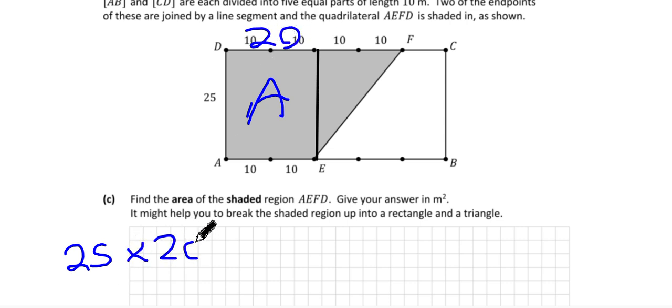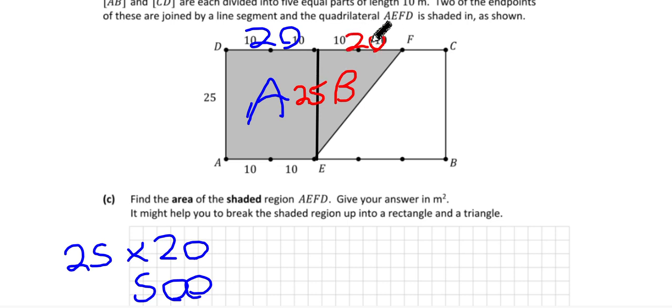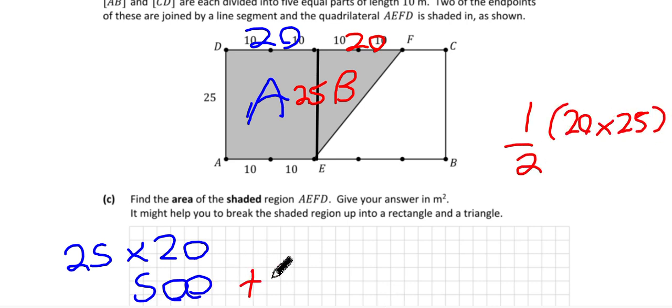And then I do 25 multiplied by 20 and I get 500. Then I have area B, which is oddly enough a triangle. But this triangle is actually half the size of rectangle A, because it's half of 20 multiplied by 25, which is actually 250, and combined they're 750.